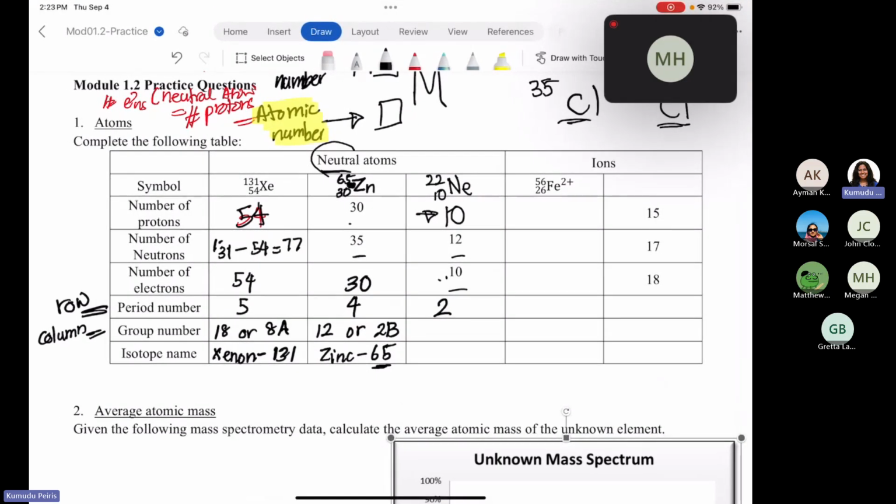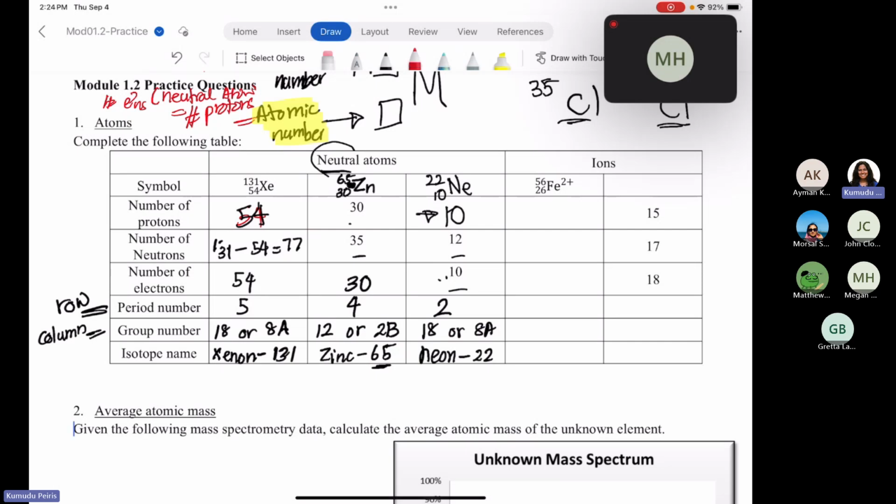It is under the noble gases, right? And the isotope name will be neon-22.